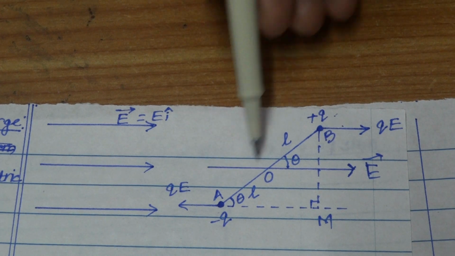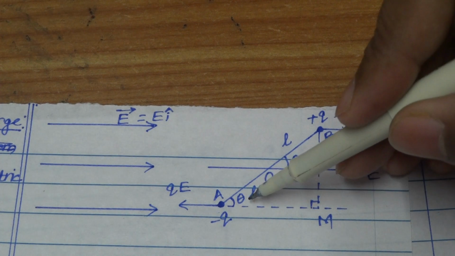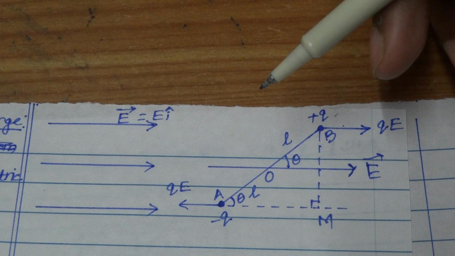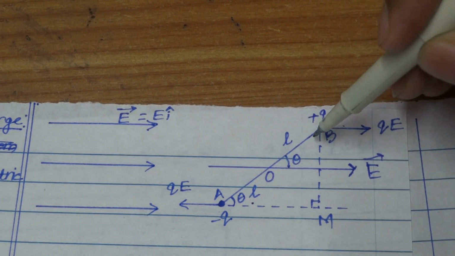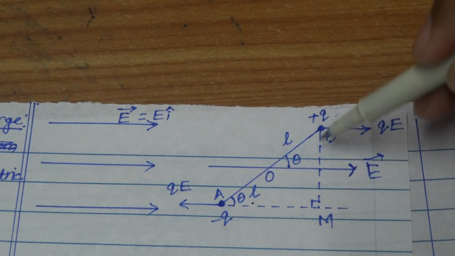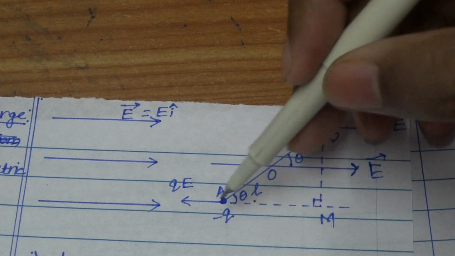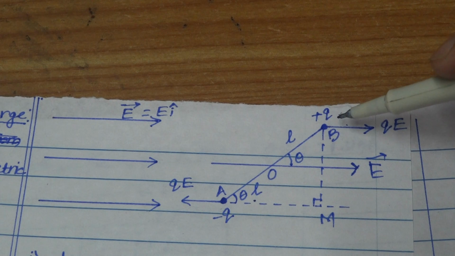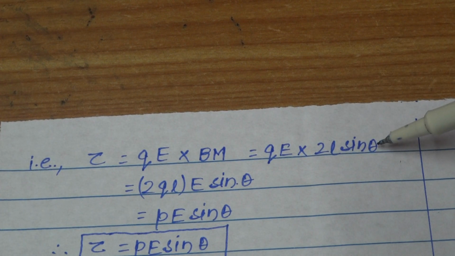This length is 2L, this angle is theta, so this angle should also be equal to theta because it's a pair of corresponding angles. Now this angle is theta, this entire length is 2L, so this length will be 2L sine theta and this will be 2L cos theta, but it is not required. This length is required, so BM is 2L sine theta. So in place of BM, let us write 2L sine theta.